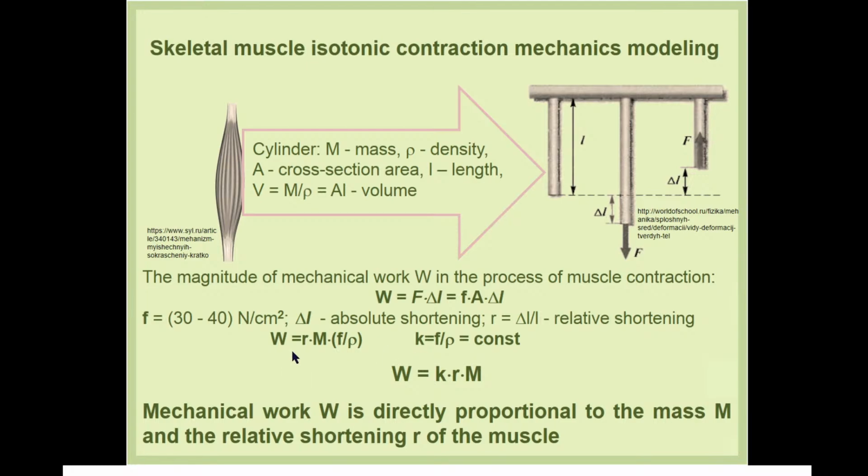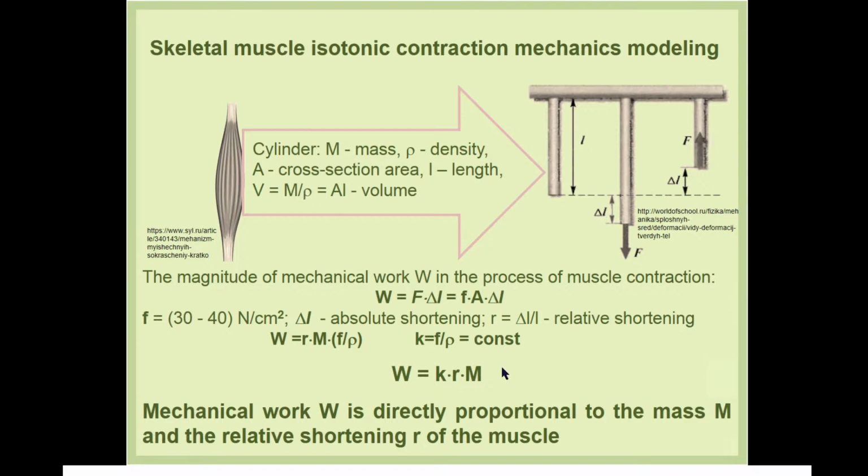So, after we substitute this, look, let's multiply and divide this equation by the initial length. And after that, we obtain this equation. And when we substitute these two constants, which we mark by k, into this equation, we obtain this analytical formula.